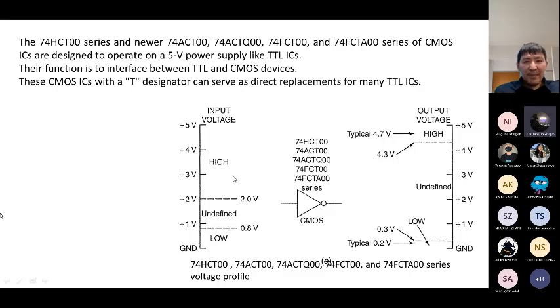So the input is the same as for the TTL, but the output is not. The output is approximately the same as for other kinds of CMOS integrated circuits. For this reason, you can see this labeling. You can see this T, here T, here T. T means that it is input compatible with the TTLs.